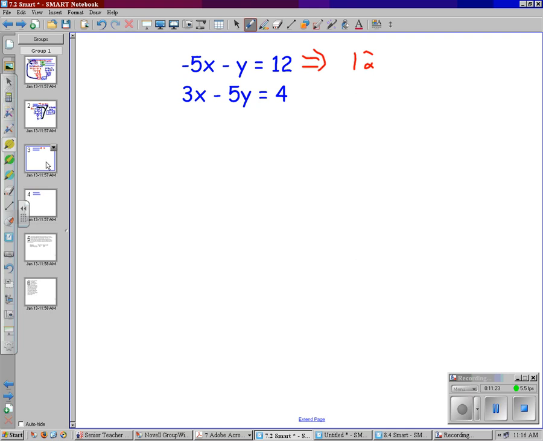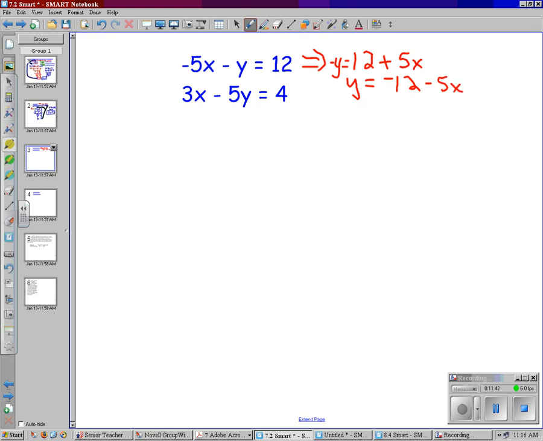What's minus the negative, class? Plus, so we really have 12 plus 5x, right? Equals our negative y, and we have to get rid of that negative that's sitting in front of the y. So y equals negative 12 minus 5x.